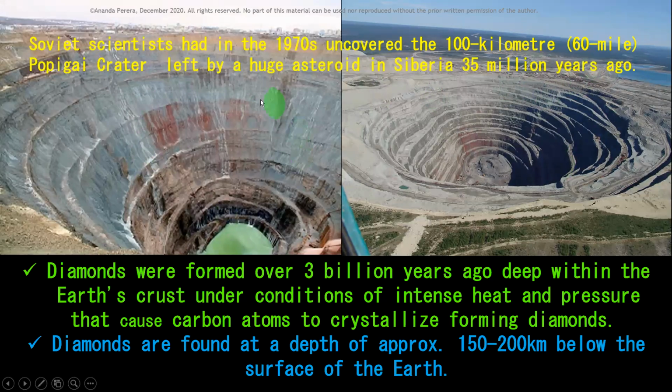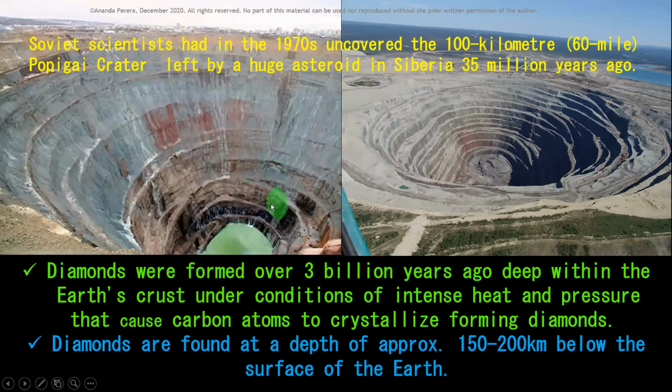This pit was created by the asteroid falling. So in Soviet Russia, they found diamonds from this pit. It is the most famous Popigai crater. See the diameter, 100 kilometers. That means 60 miles in diameter.